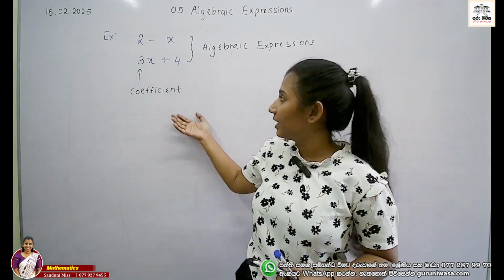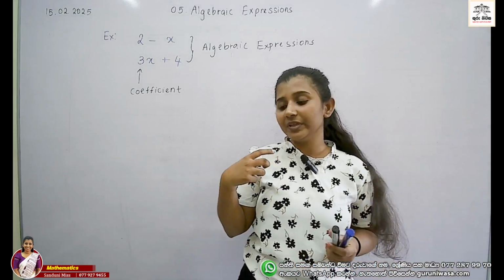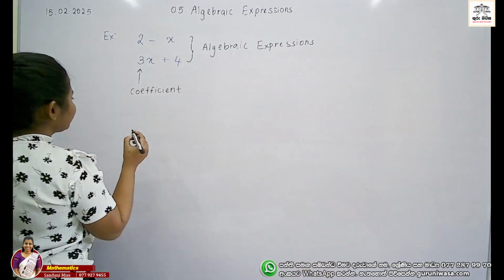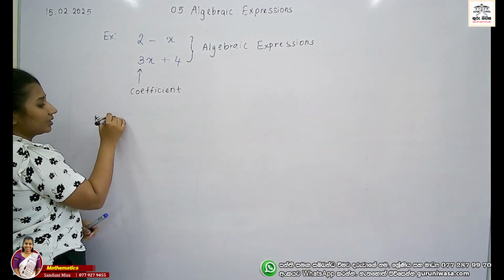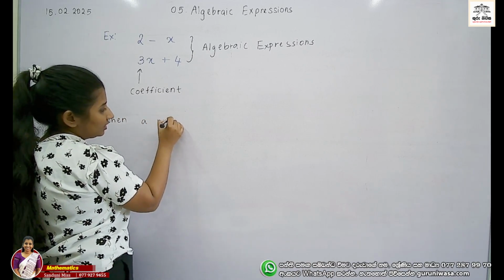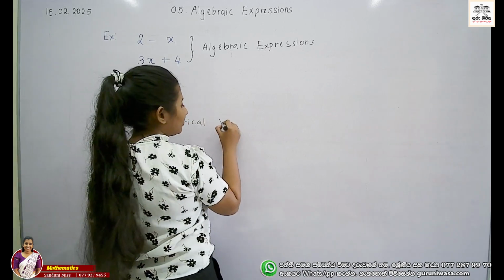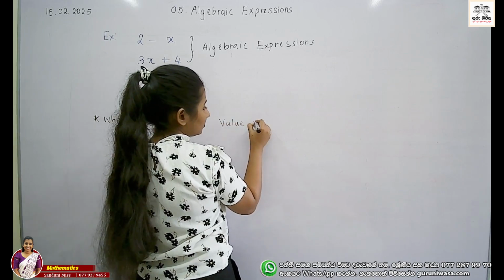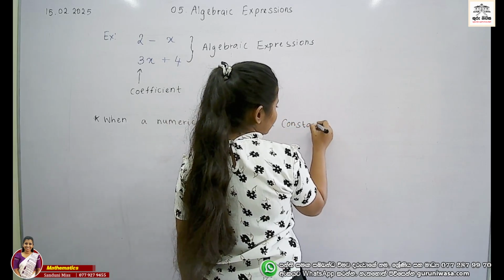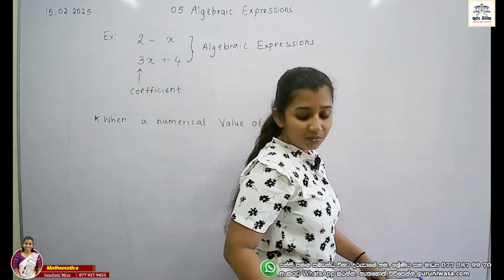Okay, so quickly copy down this part. Then we'll construct algebraic expressions after this. Then the numeric value of a constant amount is not known.